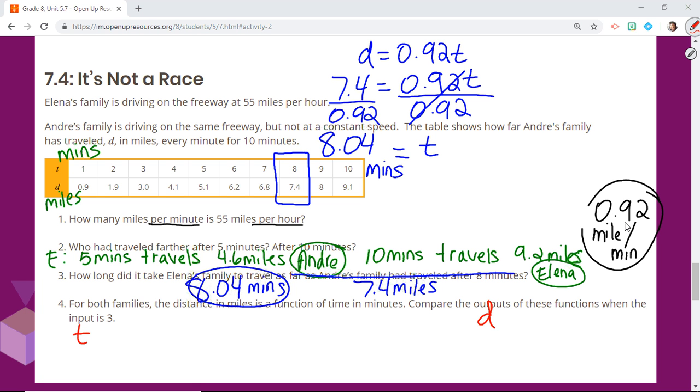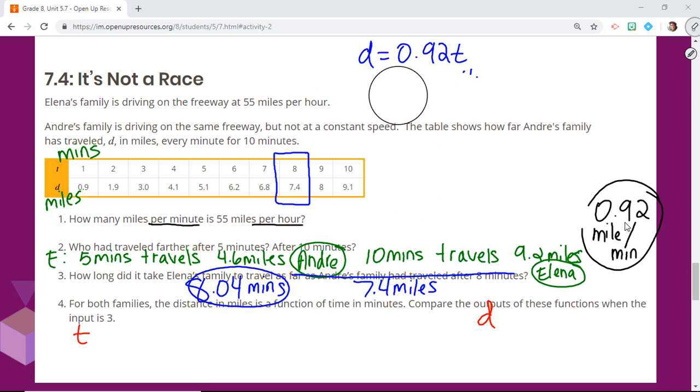Okay? So for Elena, again, that goes back to our equation. What's the output? What's d when the input t is 3? So now we're just going to substitute 3 for t and then figure out what the output is. So 3 times 0.92 is 2.76.